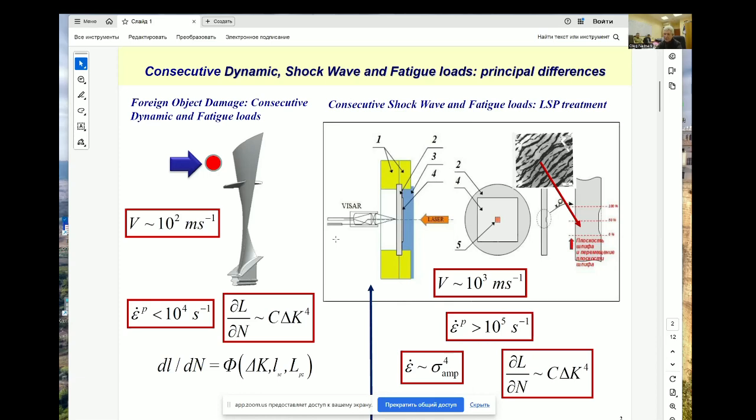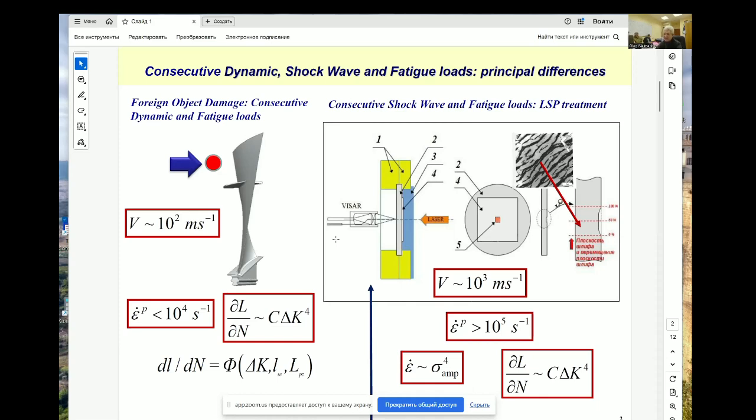And if you are talking about shock wave and then fatigue loads, there are principal differences. Due to the nature of shock wave, for the characteristic time of the collision or laser induced impact, we have characteristic strain rates more than 10 to the 5 inverse second.